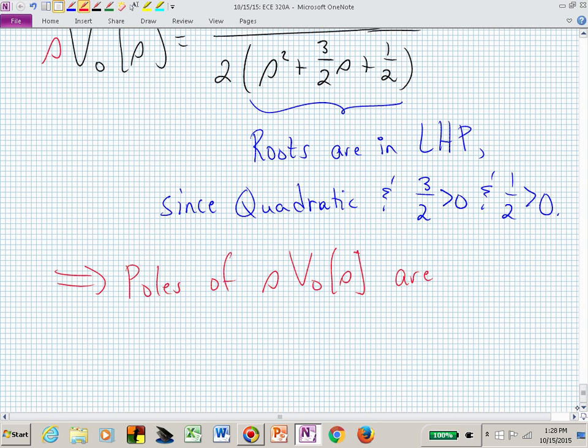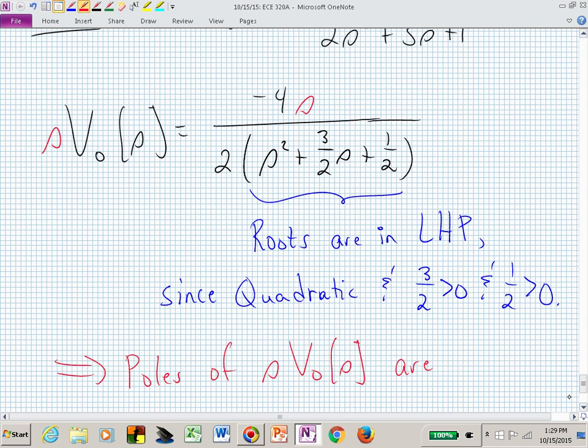So the poles of s V sub 0 of s are in the left half plane, which means they're stable. And that means they're in the strict left half plane. Which says then that I'm going to be able to apply the final value theorem to find out where little v sub 0 of t is going as t goes to infinity.